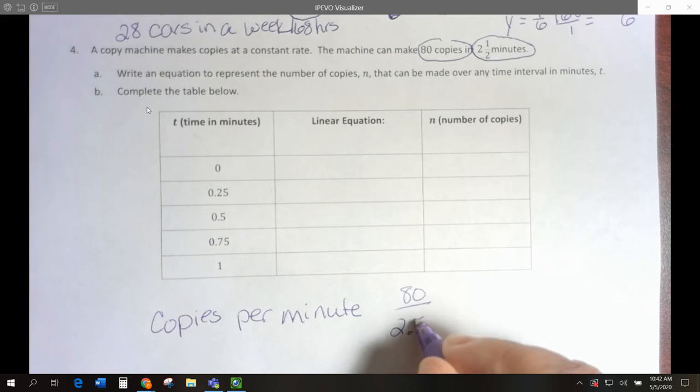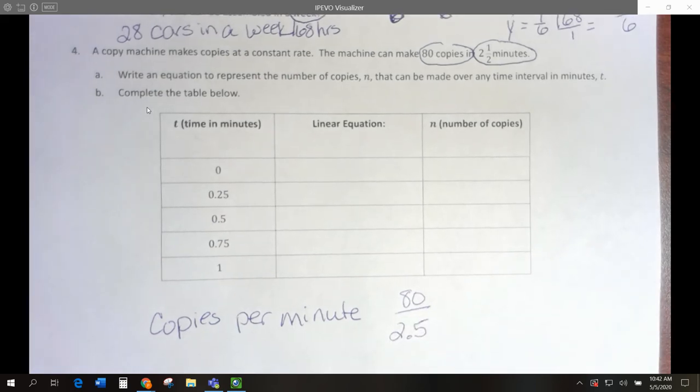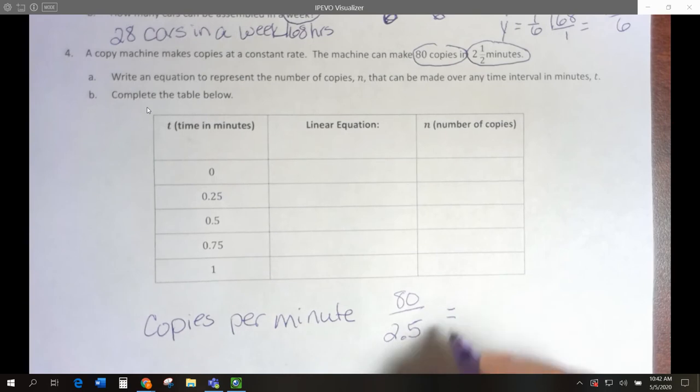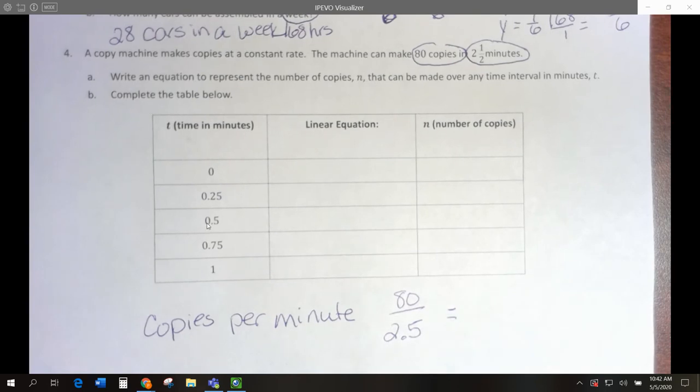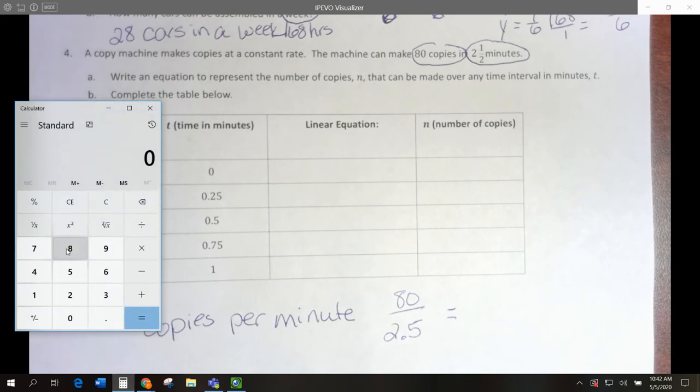I'm going to do that as 2.5 so it's easier to use the calculator. I'm going to divide this out. 80 divided by 2.5, that would give us our unit rate or our constant rate. And that's going to be 32.